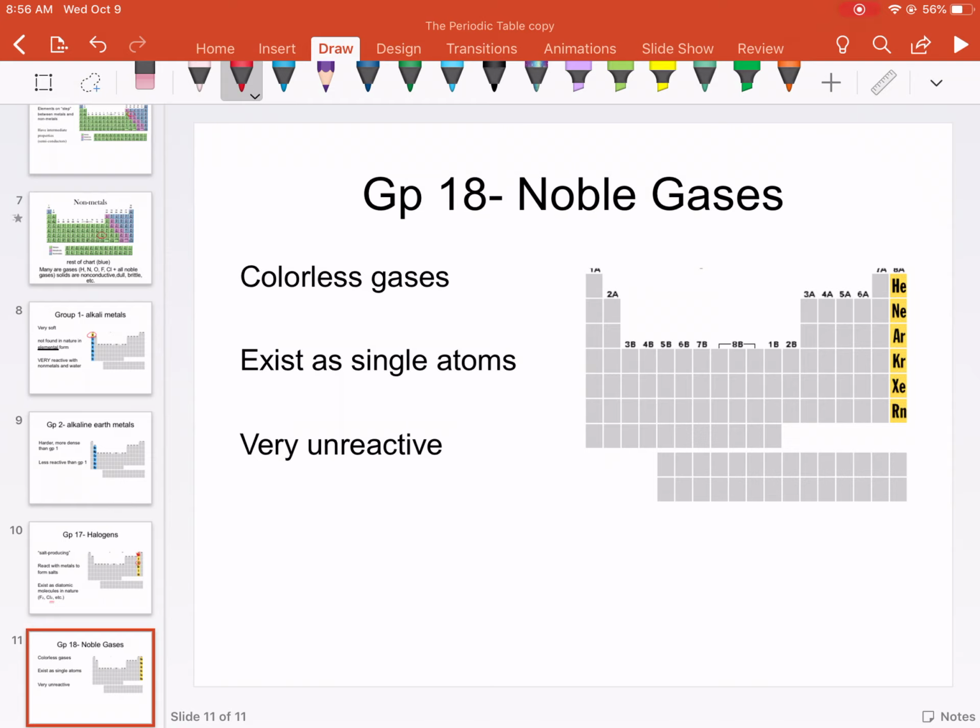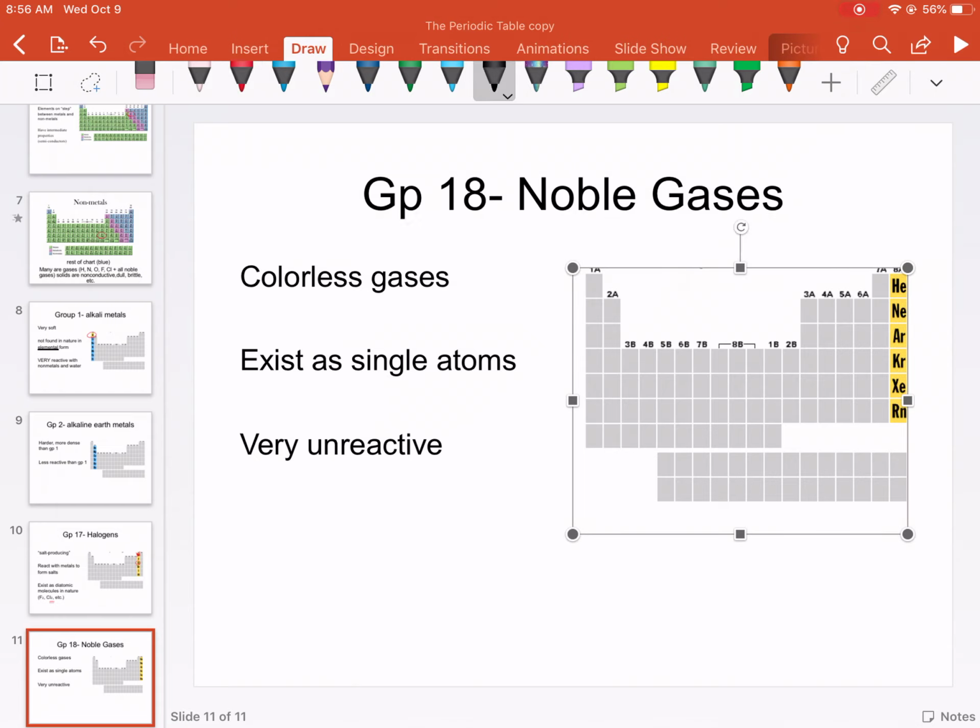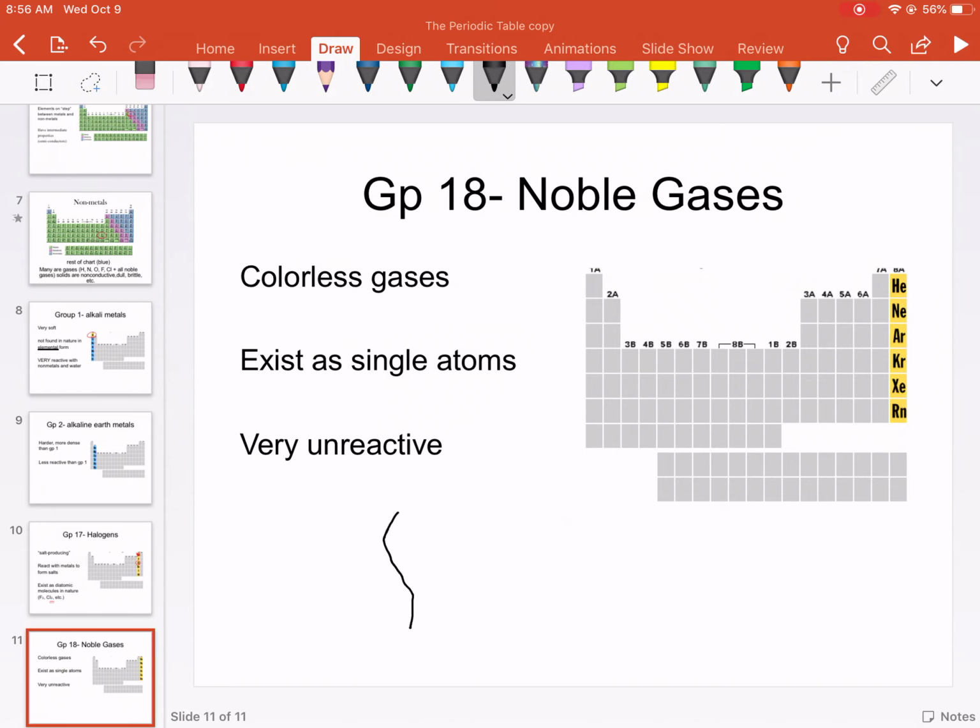For example, when we used incandescent light bulbs, which aren't used very much today, an incandescent light bulb basically involves a superheated piece of tungsten metal inside the light bulb, and it gives off the light, but the gas that fills the light bulb has to be a noble gas.